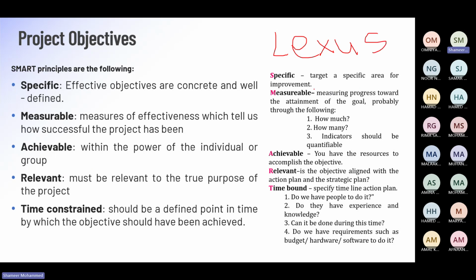So the automobile company showroom, like Toyota, or whatever the companies are, their objective is to launch their product, the new Lexus car. So specific, that is, they are targeting a specific area, maybe like Sharkia. They want to do more business in the Sharkia region, north and south.